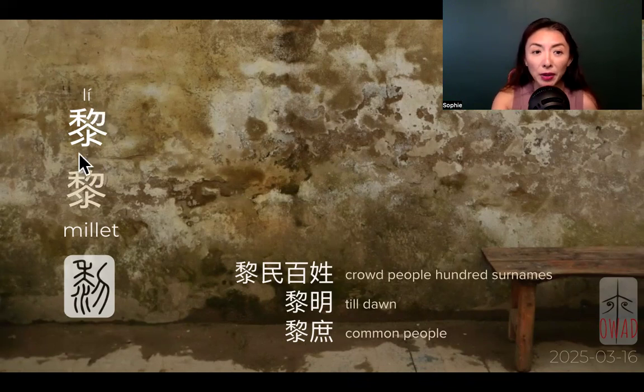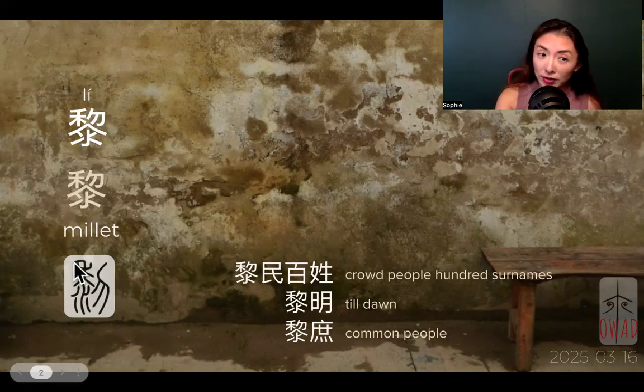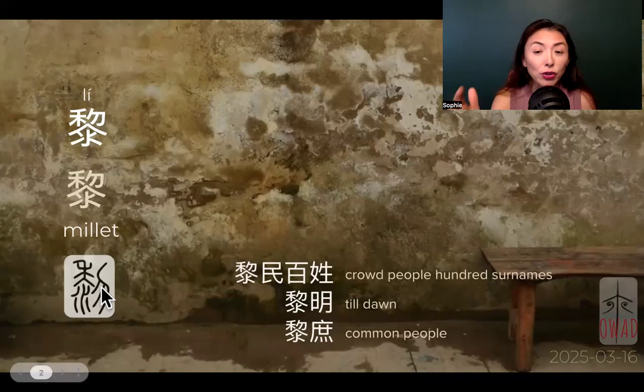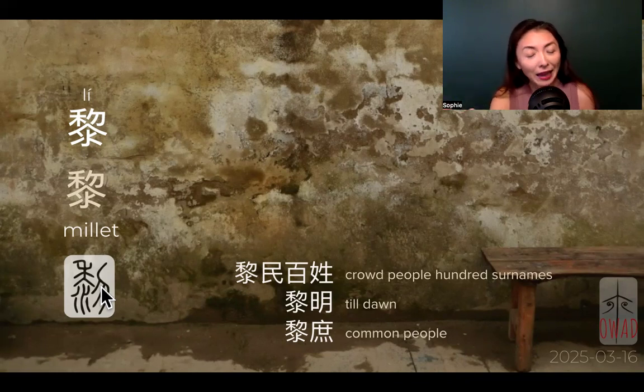So li, simplified and traditional, again, they look the same, and it looks pretty complicated, right? So let's unpack. The top left corner is simply the crop. In general terms, we came across this character since we're talking about a Neolithic agricultural stage of human development, and a crop is the main thing for agriculture, right?